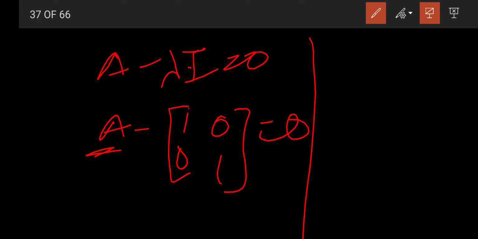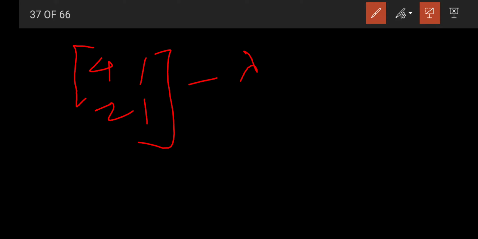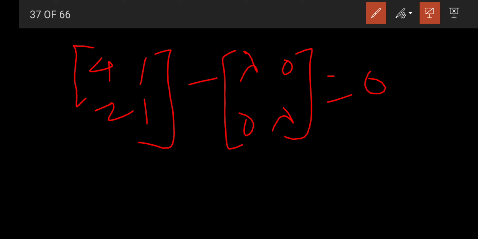This was the value: 4 1 minus 2 1, minus lambda 0 0 lambda, equals 0. Correct. Now solve it. 4 minus lambda is 4 minus lambda, minus 2 into 0 is minus 2, 1 minus 0 is 1, 1 minus lambda is 1 minus lambda.